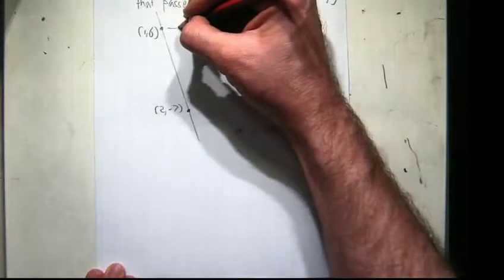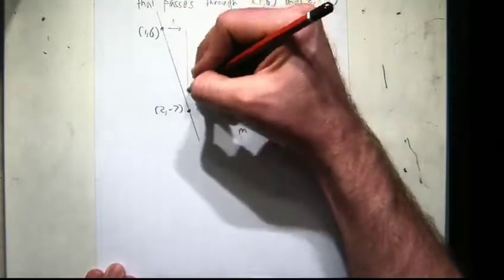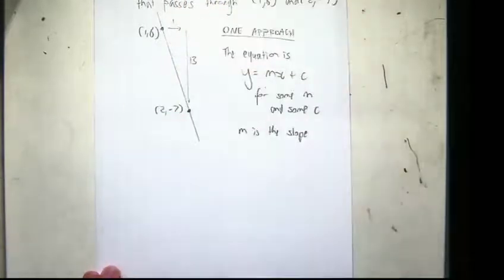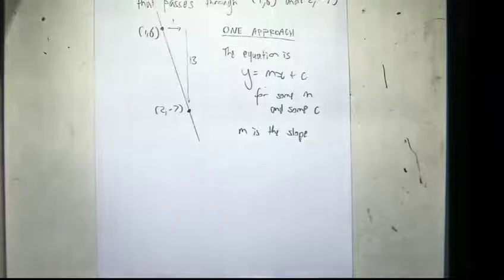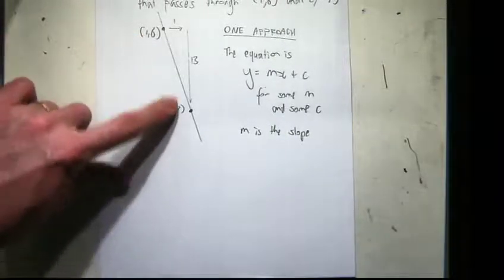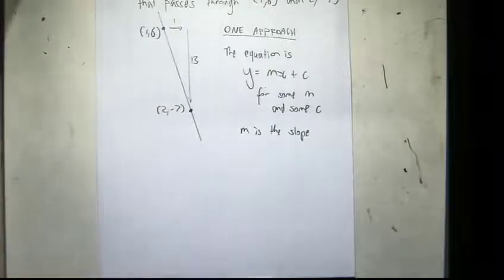Let's see, it's 1 here, and it's 13 there. And the quickest way to do that is actually to subtract the two numbers. 2 minus 1 is 1, and minus 7 minus 6 is minus 13.